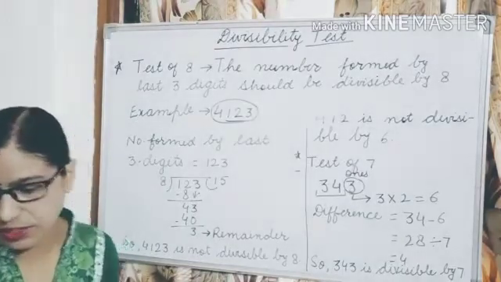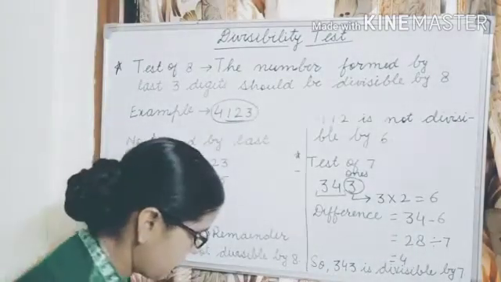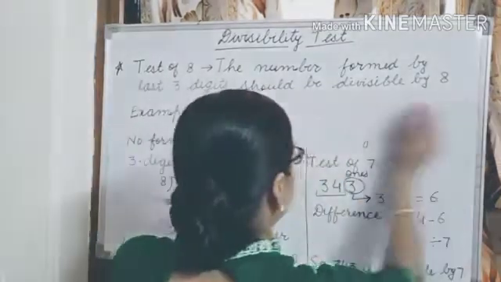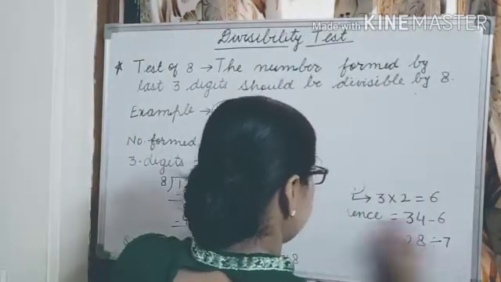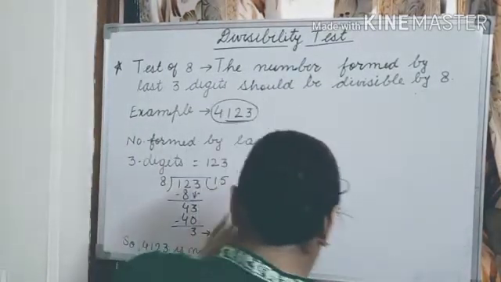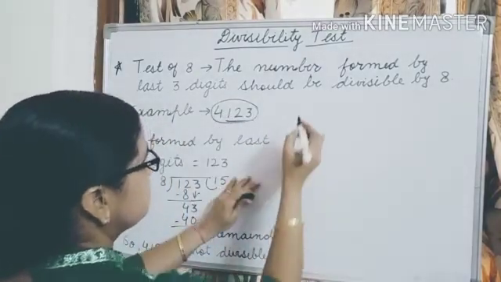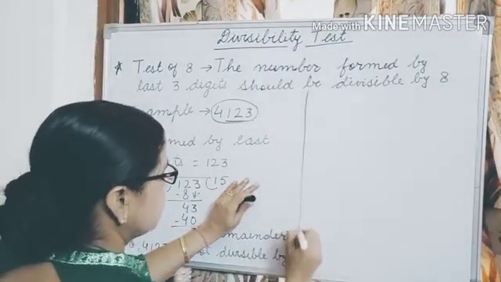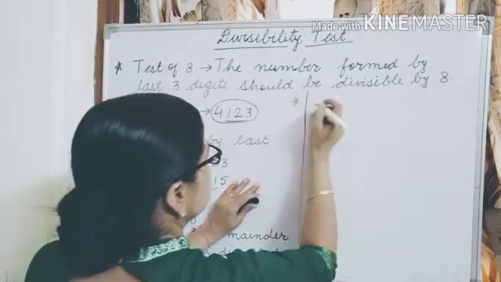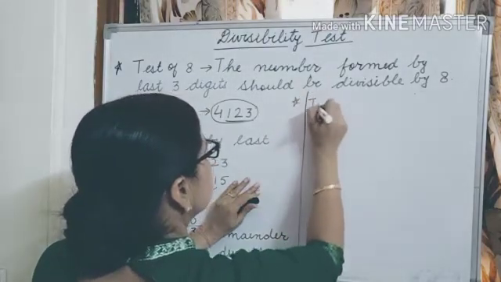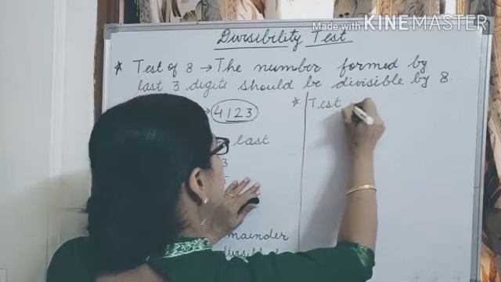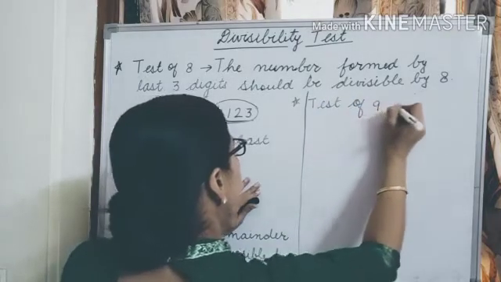Now the next divisibility test is for 9. For 9, what do you have to do? See it. I am going to tell you. Test of 9.